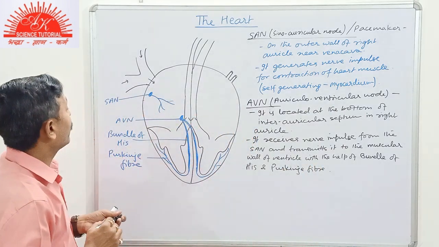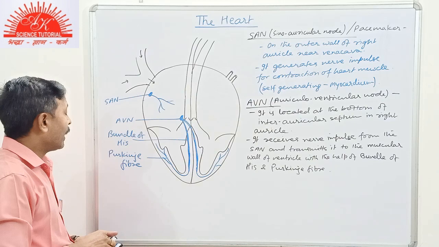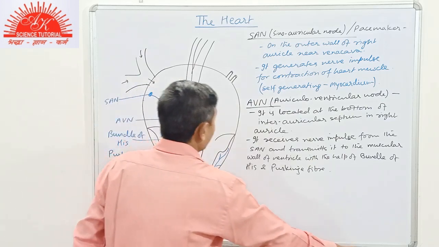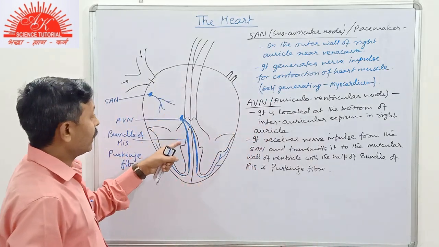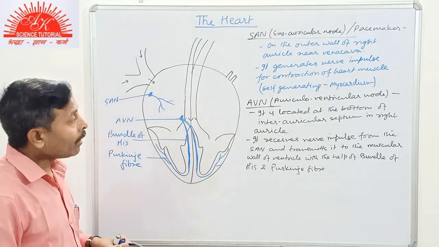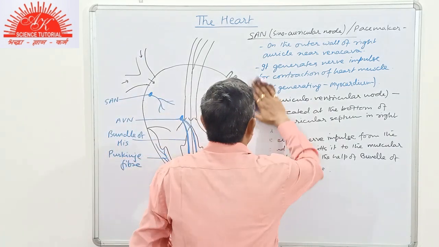So these are the structures, that is the SAN, AVN, bundle of His and Purkinje fiber, that are studied in this part.